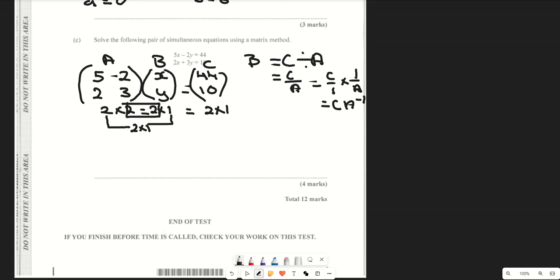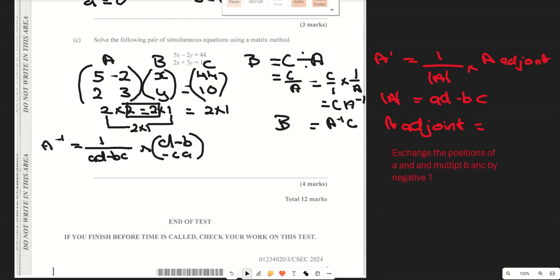Now, let's make sure that we can multiply C by the inverse of A. C is a 2 by 1 and A is a 2 by 2, even if it's the inverse. These are not compatible, so we cannot multiply C by the inverse of A. So we just rearrange it. We say A inverse multiplied by C would give you B.